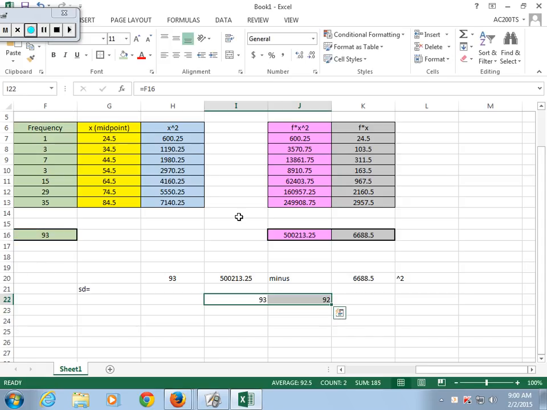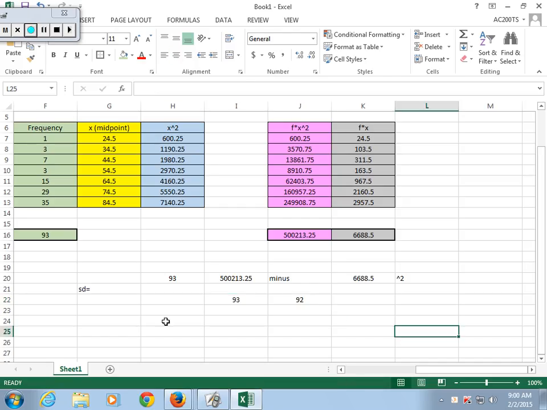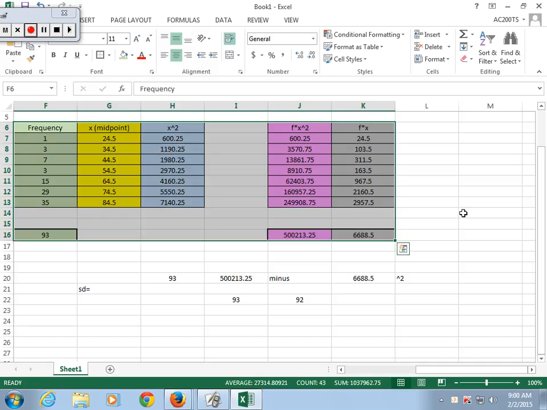And that's what your formula should look like when you're doing it by hand: 93 times that BA number minus this number squared over 93 times 92. In other words, after you do these things up here, do you have to do any more tedious math? No.